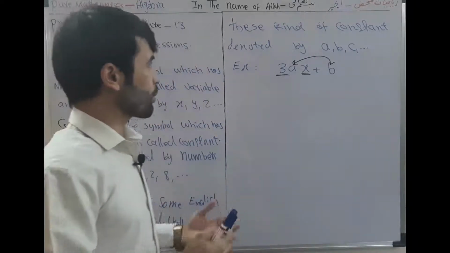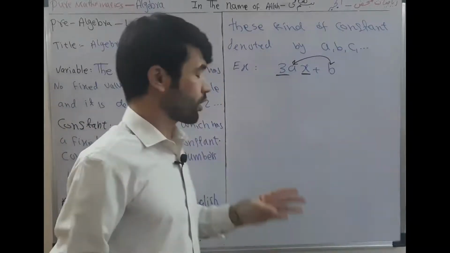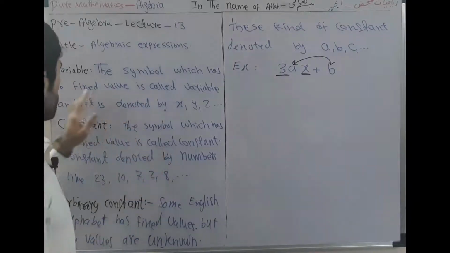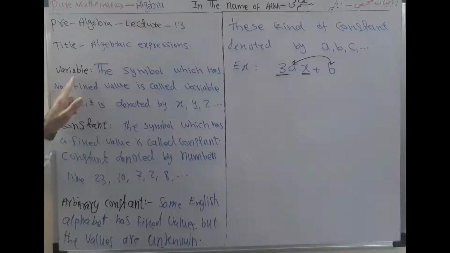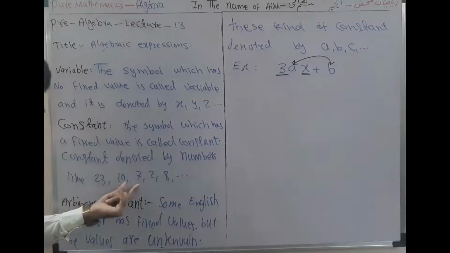In this part of algebra, we have three kinds of concepts in an algebraic expression: variable, constant, and arbitrary constant. A variable has no fixed value and is denoted by x, y, z. A constant has a fixed value and is denoted by numbers like 23, 10, 7.